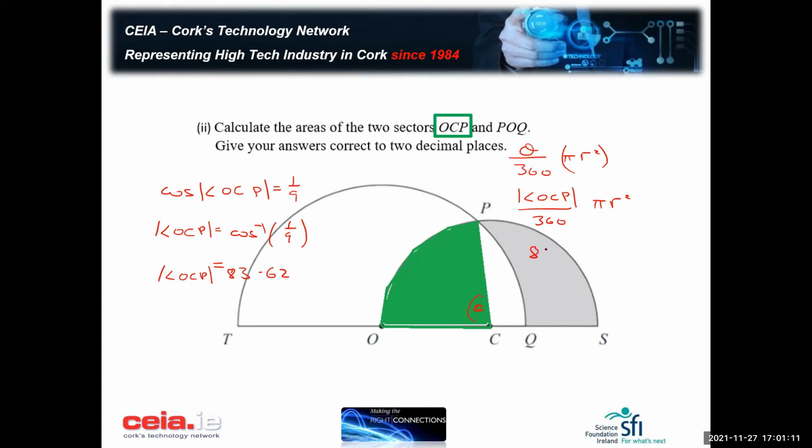So it's 83.62 over 360 times pi, and this is a sector of the smaller semicircle, whose radius is 3. If you work all that out, you get 6.57 centimeters squared. That is the area of the sector OCP.